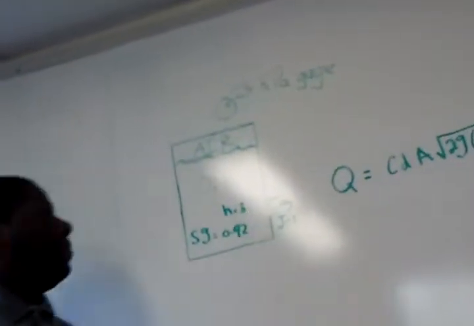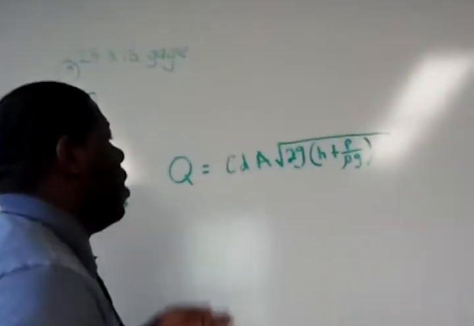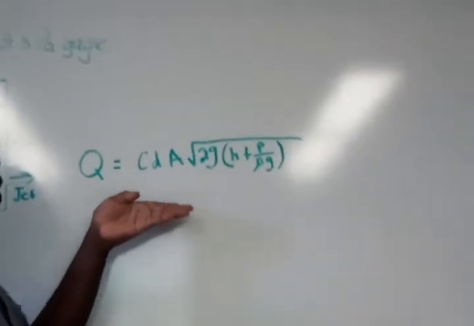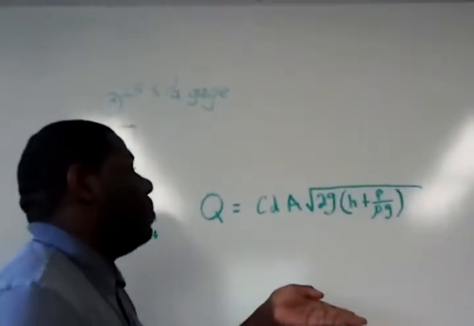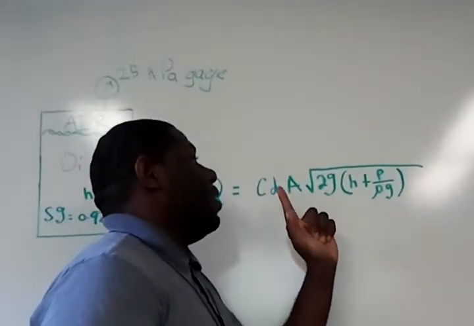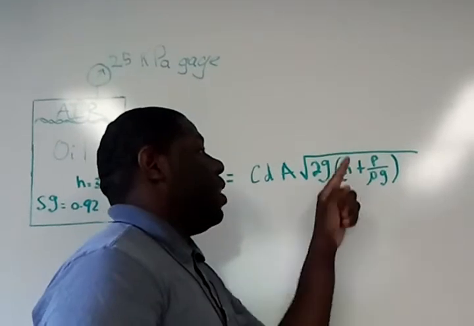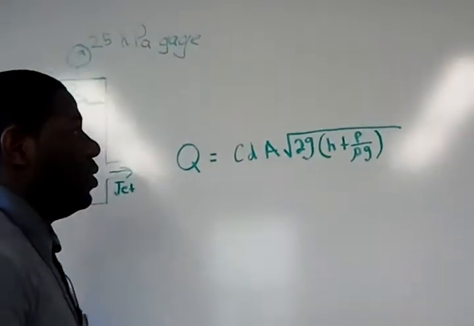We also have a jet, which is 1 centimeter in diameter. Our equation says that the coefficient of discharge times the area, times the square root of 2 gravity times height and pressure over density should give us an answer.